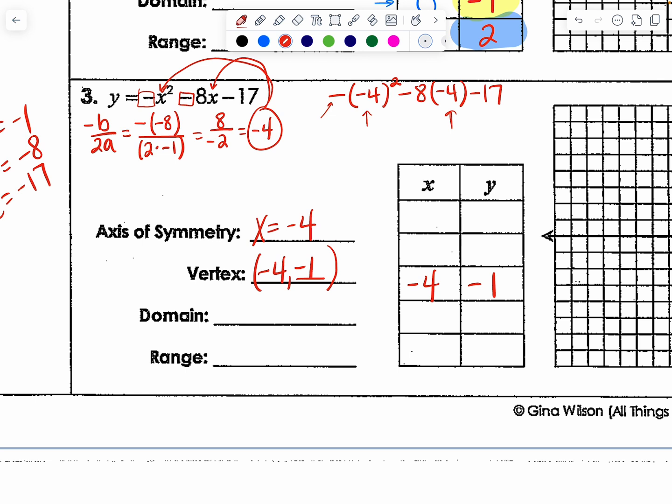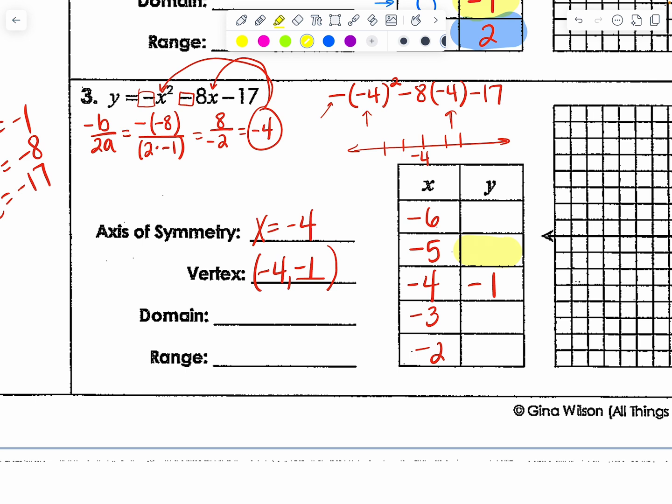All right, so now we need to fill out the rest of our table. Remember, if -4 is here in the middle, we go 2 to the left and 2 to the right. If I go to the left, I have -5 and -6, and if I go to the right, -3 and -2.